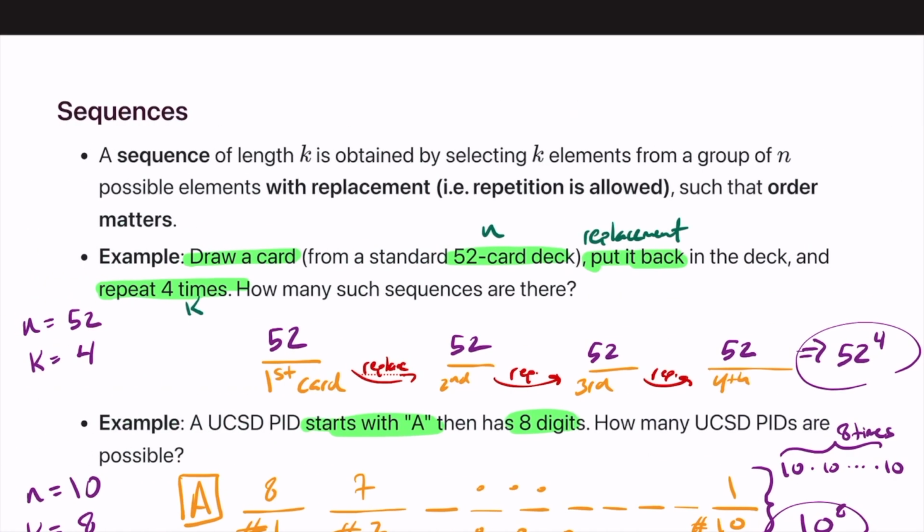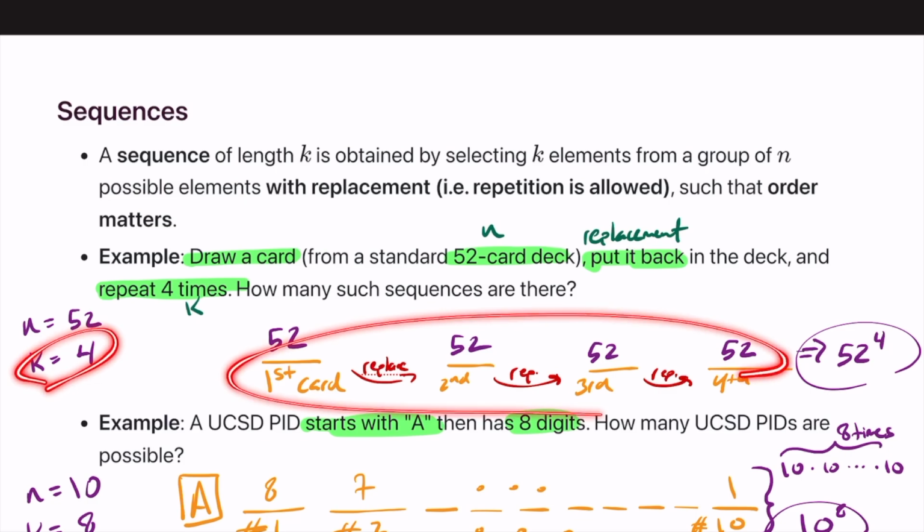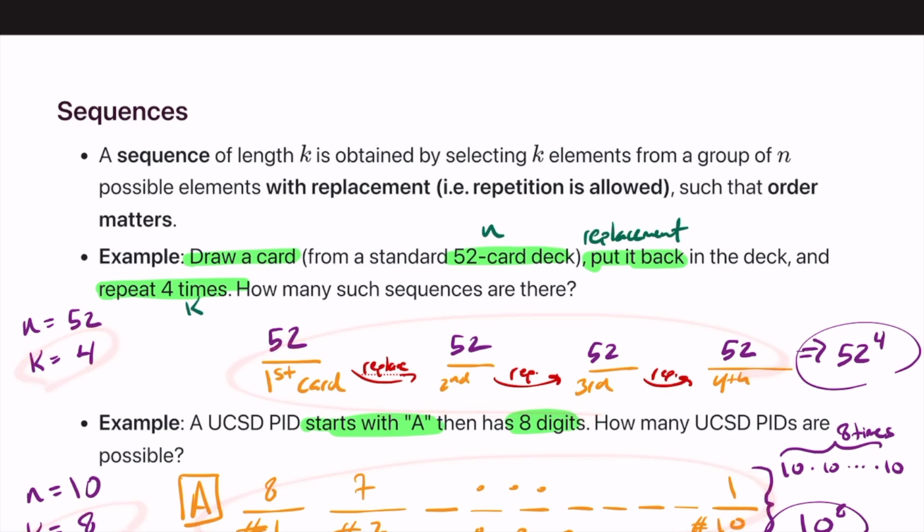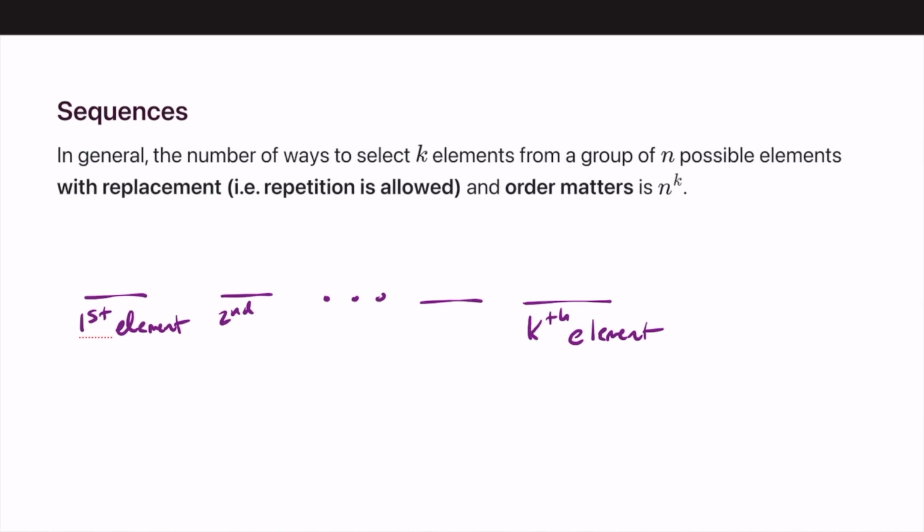Why kth element? Because if you look here, we have k equals 4, 4 things. K equals 8, 8 things. Remember, k elements. So our deck of cards is an element, and we're going to draw from that deck 4 times. And each time we're going to replace it. We're going to pick 8 random digits from 0 to 9. So we're going to do it 8 times. So that's where the idea of k comes from, the kth element.